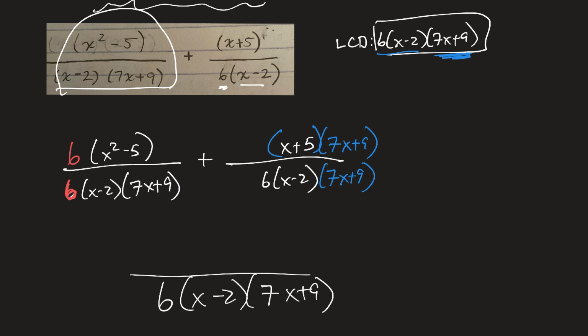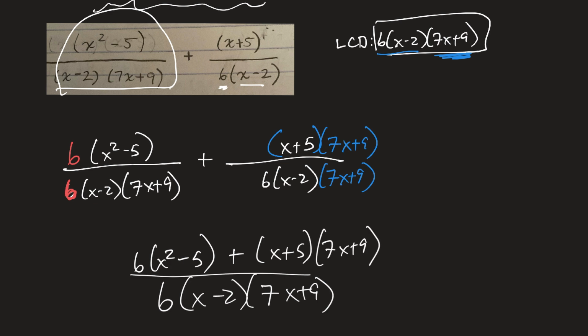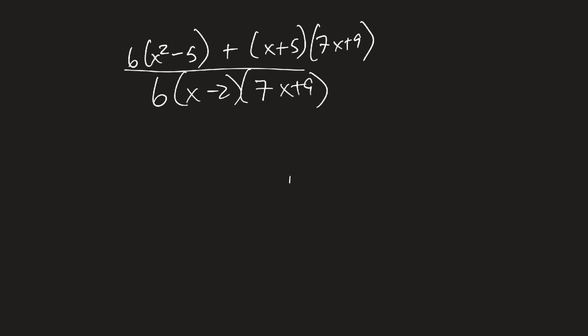And then I get to just write all the stuff on the top. So 6 times x squared minus 5 plus x plus 5, 7x plus 9. Okay, so now I need to use the distributive property, put that through. So it'll be 6x squared minus 30.